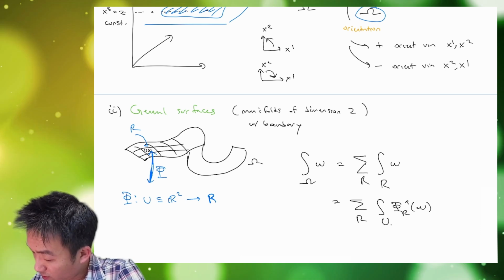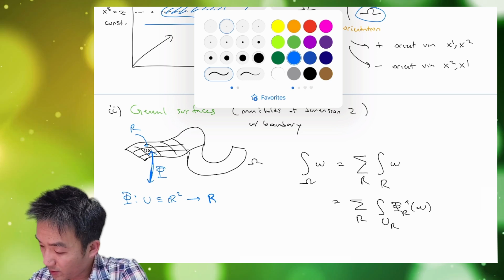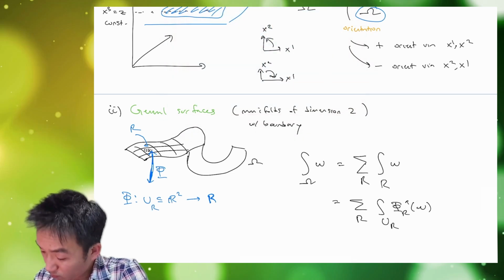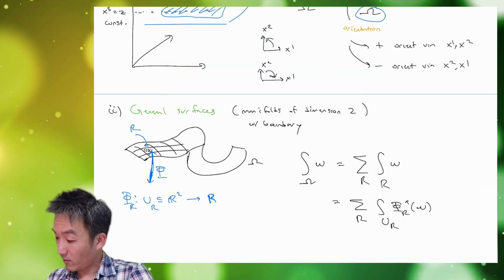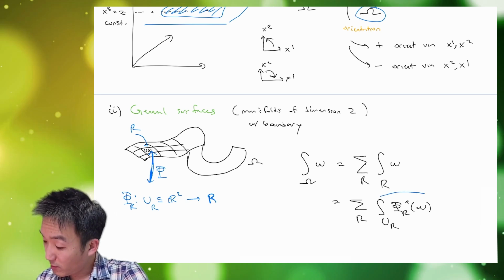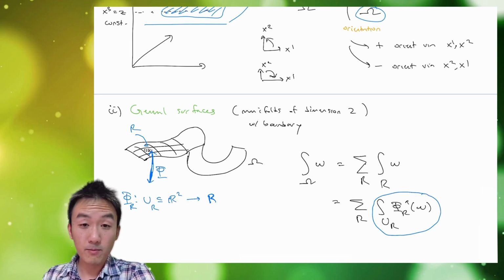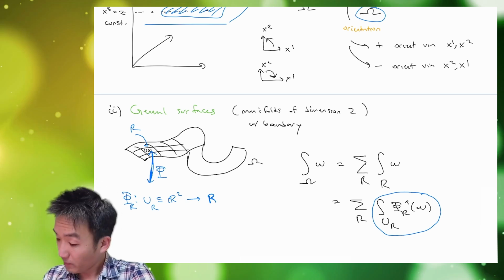Let me call this U sub R for the rth region. Okay? And each of these individual terms we can compute, because now this is a 2-form, integrating a 2-form over 2-dimensional space, and that's just now an ordinary 2-dimensional integral.